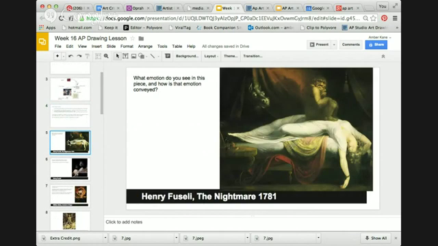So what we're going to look at now, and this is where you're going to start to participate so I'm not just talking at you, is I went through my giant art history book, and while there are lots and lots of phenomenal works of art to look at, I did predominantly try to pull things that I think relate to the type of work that all of you are creating.